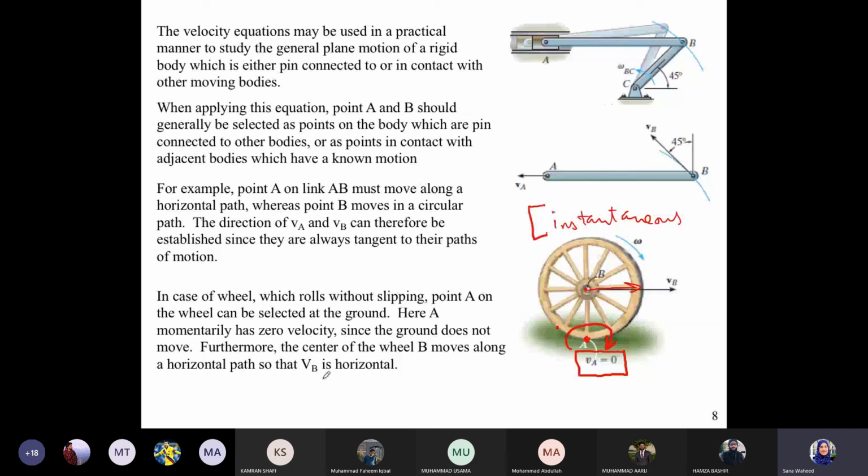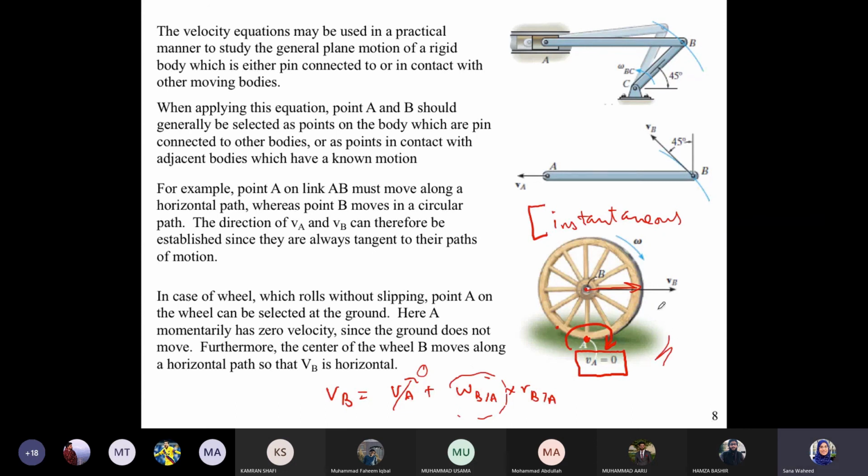VA plus omega BA crossed with RBA. So VA is 0, VB we know is just going to the right. And RBA we also know, so we can find the angular velocity of the wheel. That is, the rate of rotation will be known. And so on. So just have a think about this, okay? Think about the wheel problem as well.